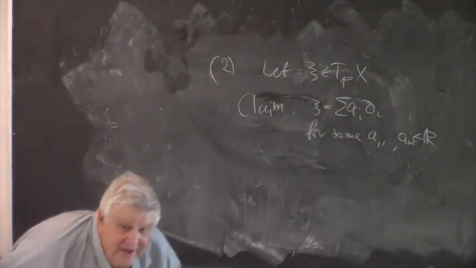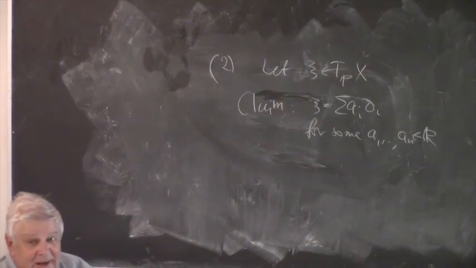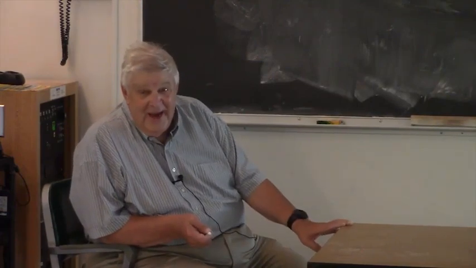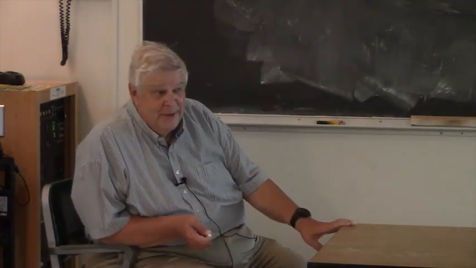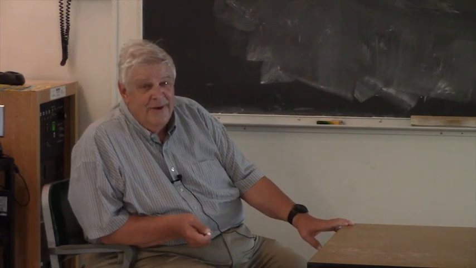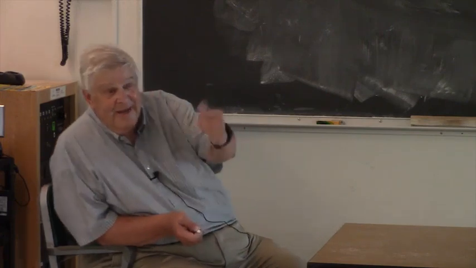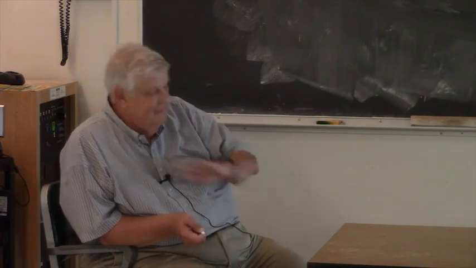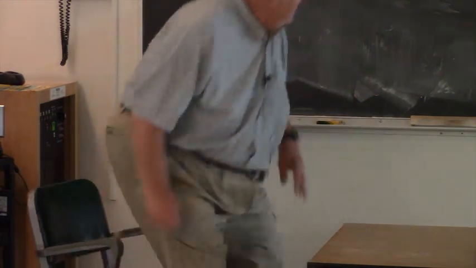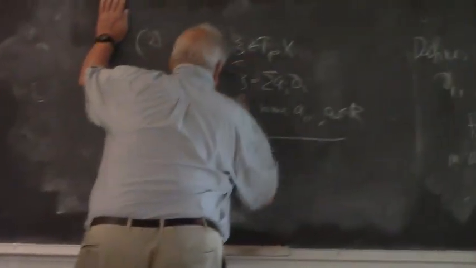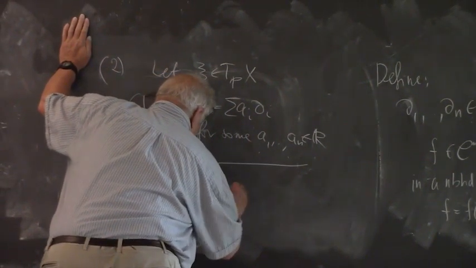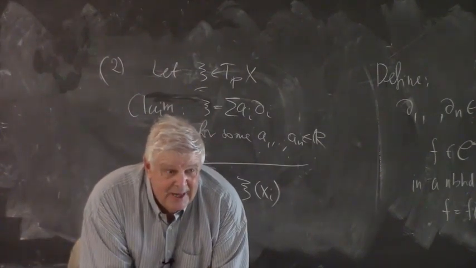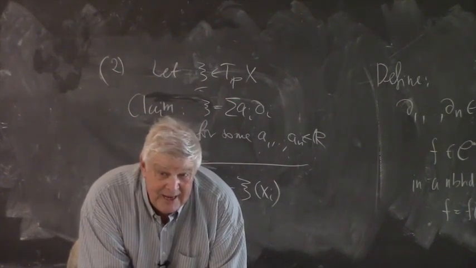Any idea how to prove it? To prove such a statement, your mathematical experience should be sufficient. We need first to find these ai's, and then we will prove the equality. So what is ai? How to define ai? Apply the xi thing to xi. Perfect. We have xi, and as we all agree, it is possible to apply xi to locally given functions, in particular to the coordinate xi.